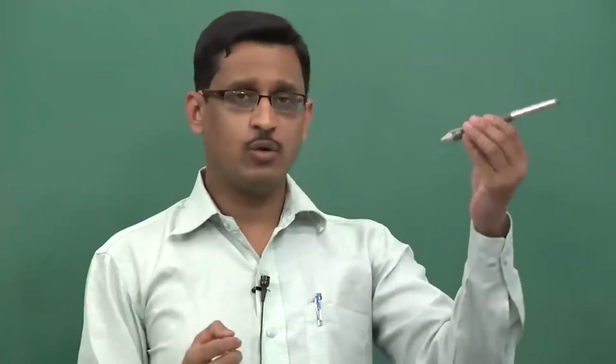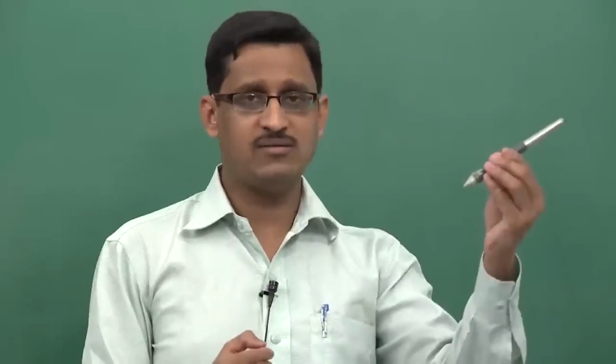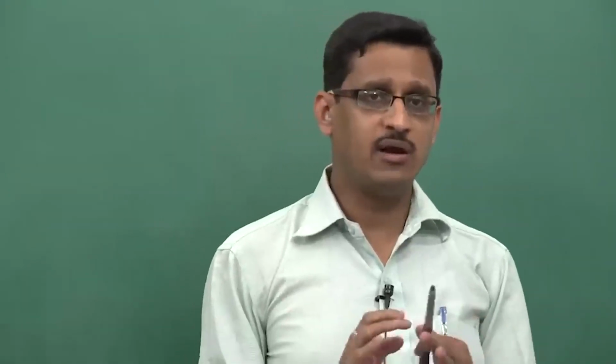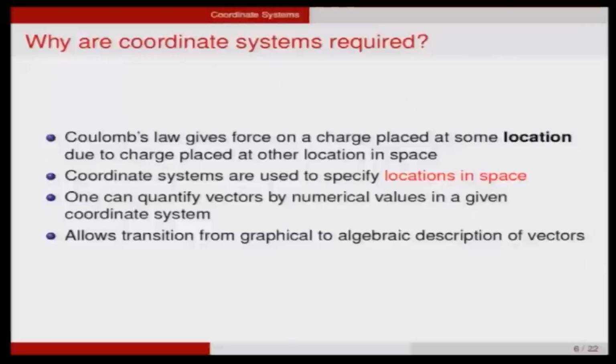A vector which could be oriented in a random direction in space is now described by a set of numbers, and if we also find out how to add or subtract vectors with just these numbers, then we can not only do this as an algebraic exercise, we can also input this to a computer, so that the entire thing can be computationally performed. So, you will save a lot of time if you are able to associate numbers to vectors, and coordinate systems are the ones which give you those numbers.